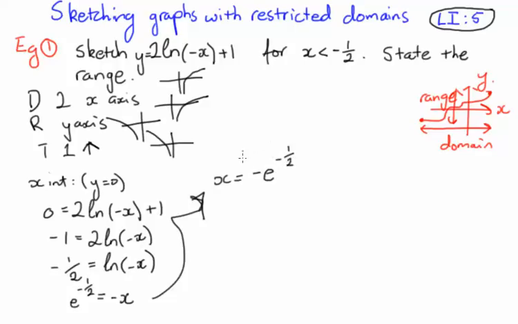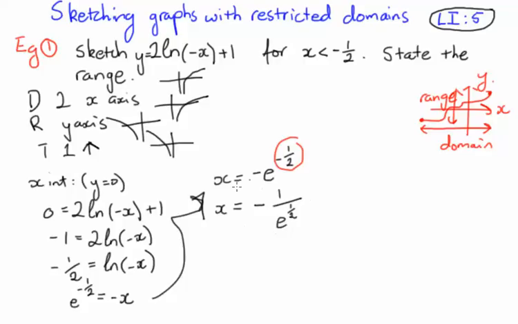Now, I'm going to write this with a positive index. The way I'm going to do that is by putting it down the bottom. So I get x equals negative 1 on e to the half.